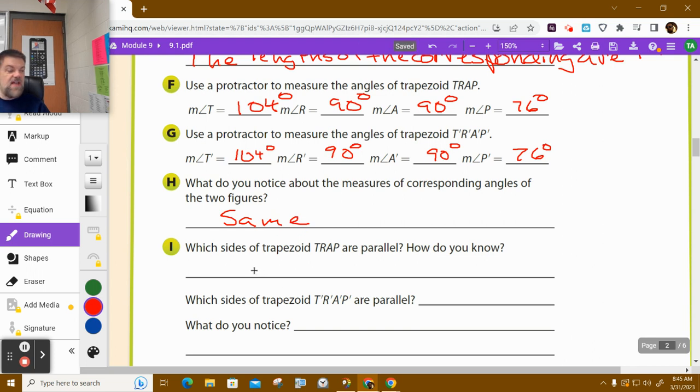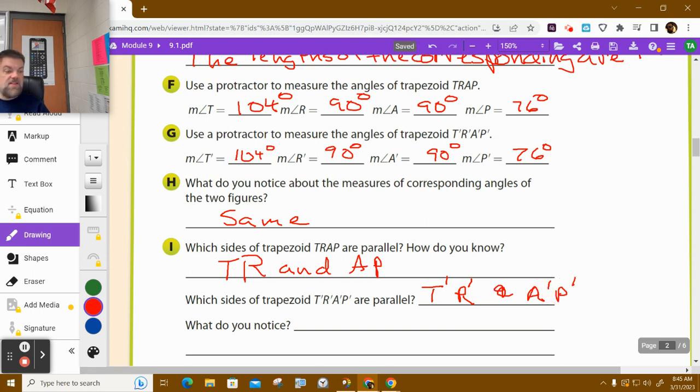Which sides are parallel? Yep, TR and AP. And then which sides are parallel here? Well, it's the prime. So it's T prime R prime and A prime P prime.